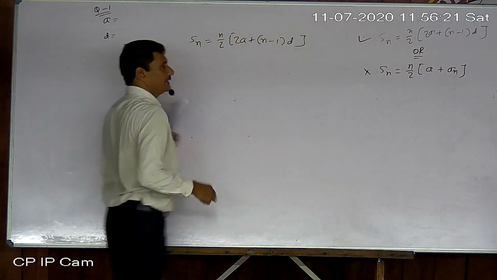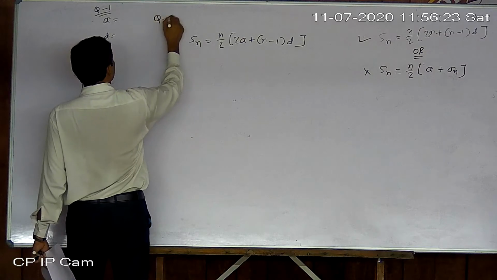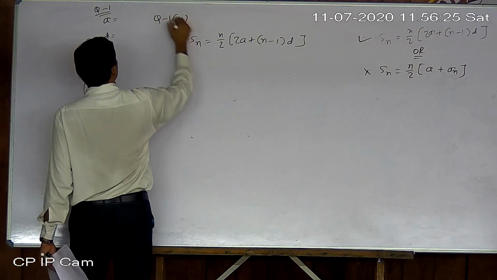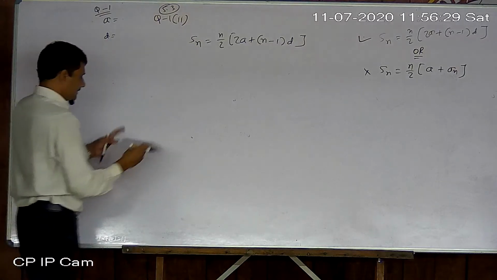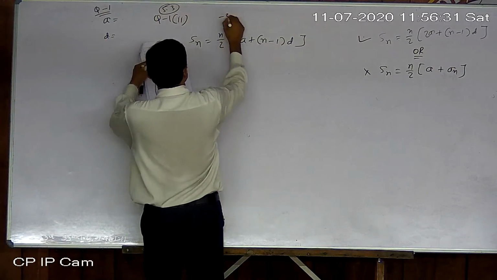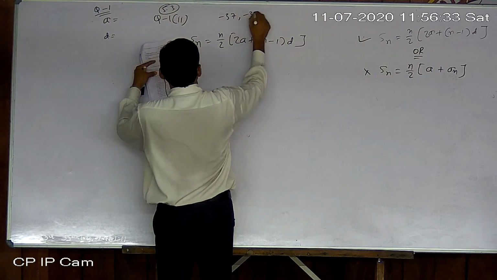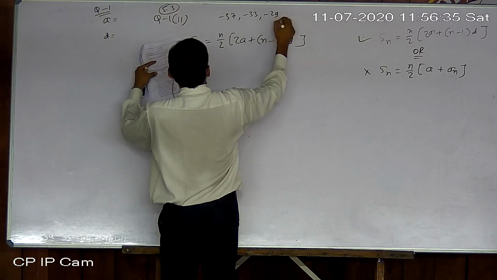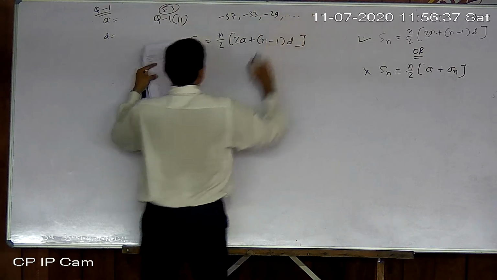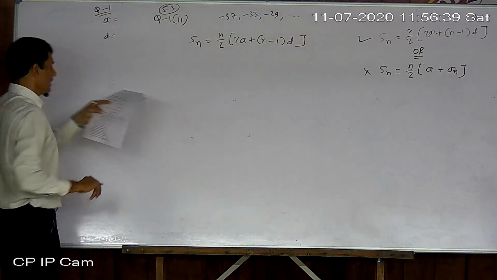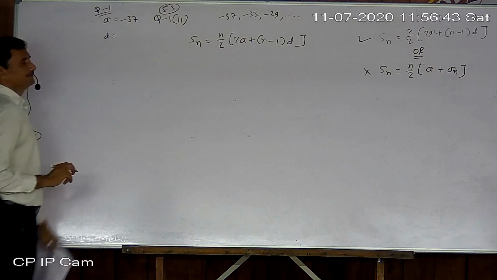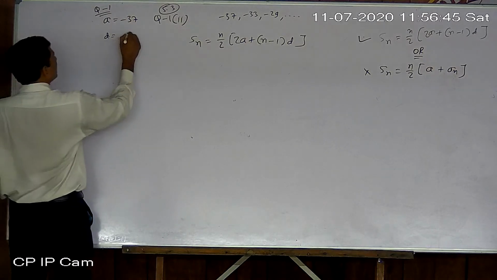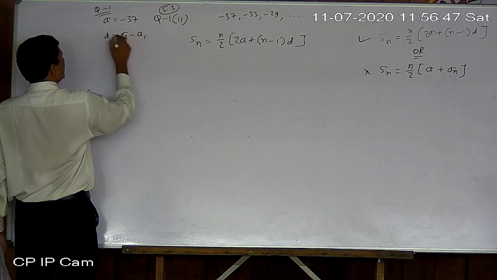Exercise 5.3, question number 1, second. The series is given: minus 37, minus 33, minus 29, and so on, up to 12 terms we have to add. So A equals minus 37 only. Now D, I want to find by A2 minus A1.